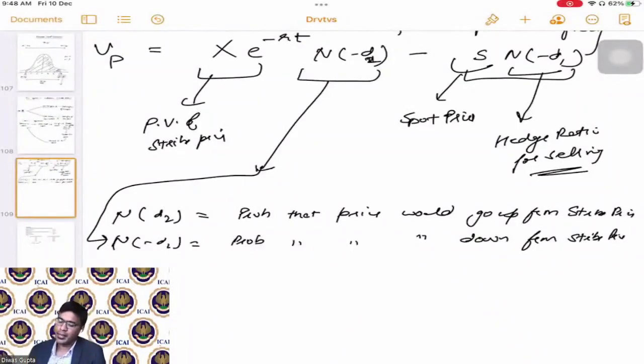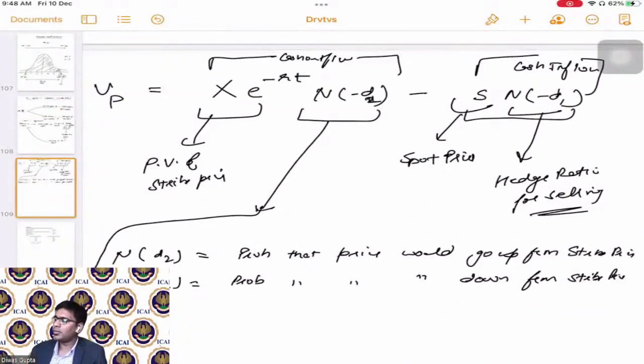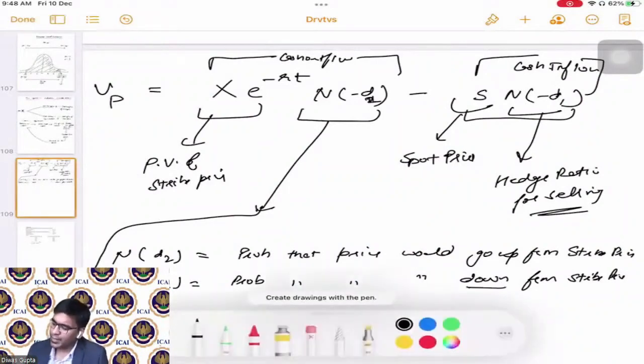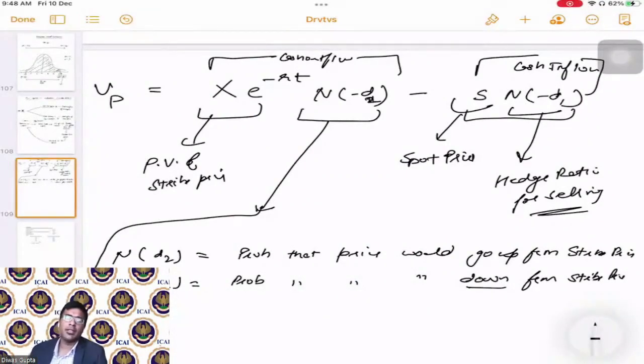Okay, students, this is the valuation of a put option. So the probability that price would go down from strike price is N(-d2). N(d2) is the probability that price will go up, N(-d2) is the probability it will go down. Simple.